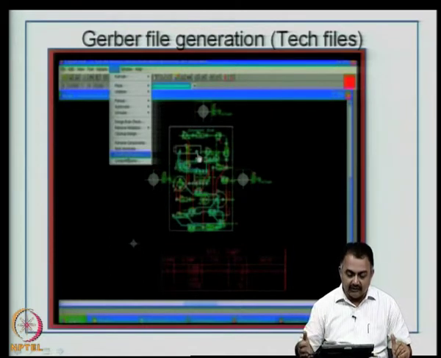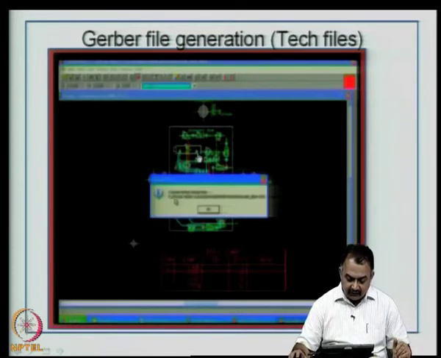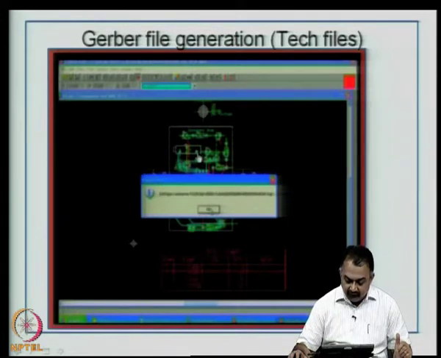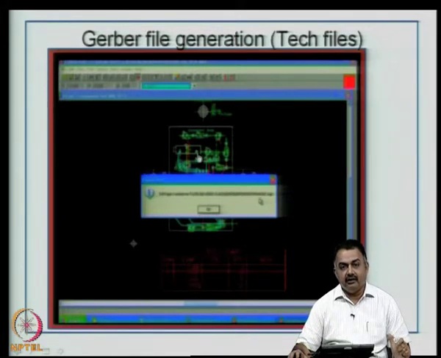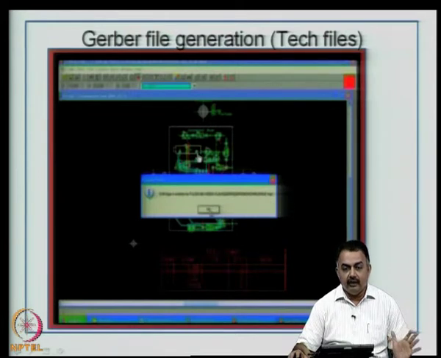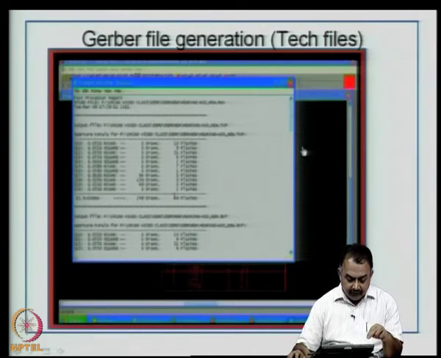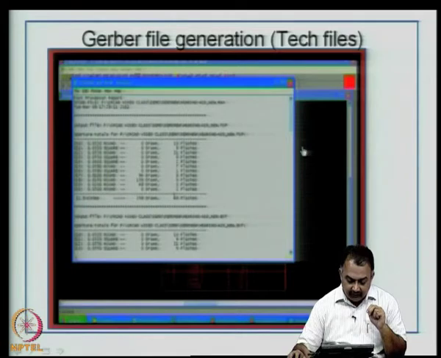Similarly, all of these masks can be created. Okay. So, post processing is a very important activity once you have finished your routing work, and the number of sets of tech files that you generate will depend on the number of layers that you have worked with. For example, this is the information that you have where you see that the photo plotting information is perfectly given here.